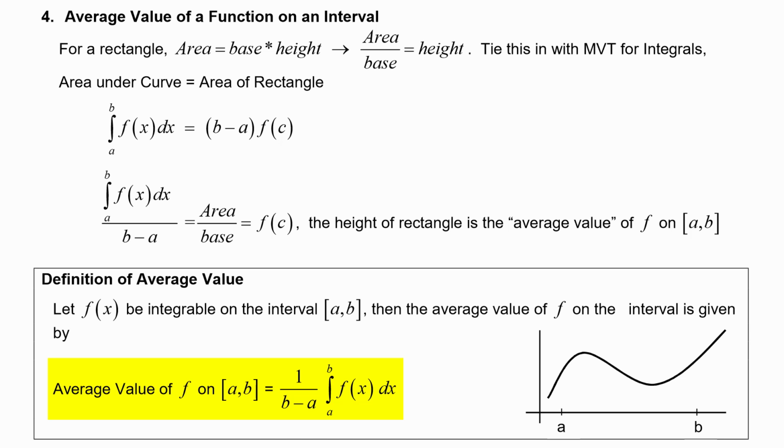And all that is this expression where we take the area, which is the integral from a to b of f of x dx, and we divide by the base, which is b minus a.